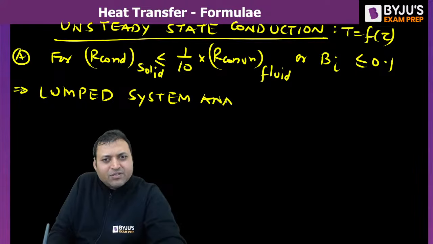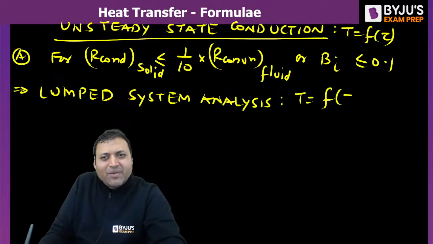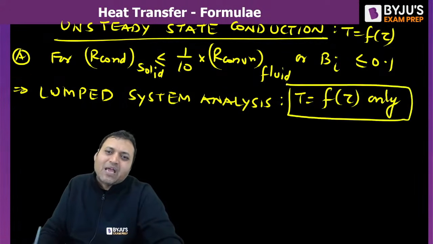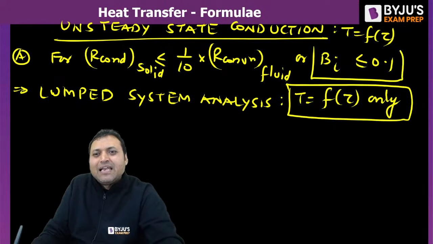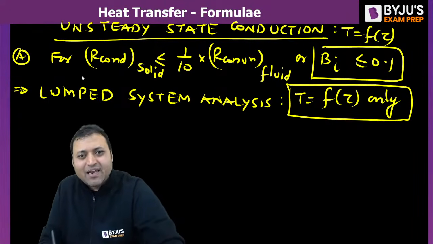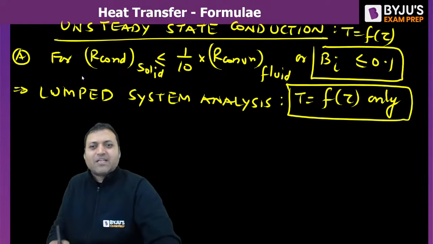It means the temperature will be a function of time only. The temperature of the system will be a function of time only when the Biot number is less than 0.1, or the conductive thermal resistance is less than 1/10 of the convective thermal resistance.